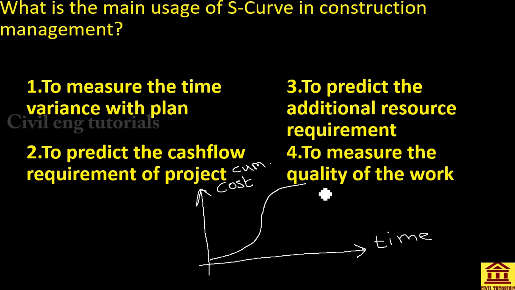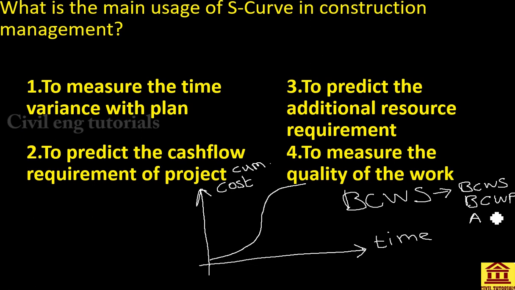Normally the S-curve is defined for BCWS. BCWS means budgeted cost for work scheduled. There are three scales: BCWS, which is budgeted cost for work scheduled, BCWP, budgeted cost for work performed, and actual cost of work done.